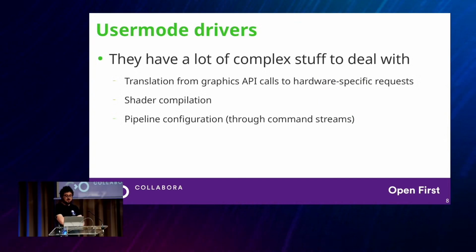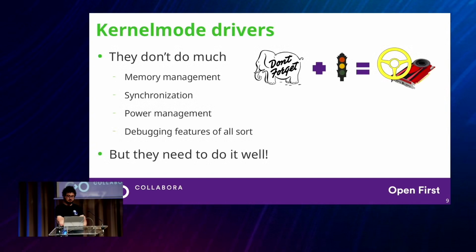There are a few things that the user mode drivers have to deal with. The list is not long, but it's quite complicated. On the other hand, the kernel mode driver doesn't do much, but it has to do it well. I listed a few things. Memory management is key here. Synchronization is key. We can't get away with that. Then you can add things on top to spice it up a little.